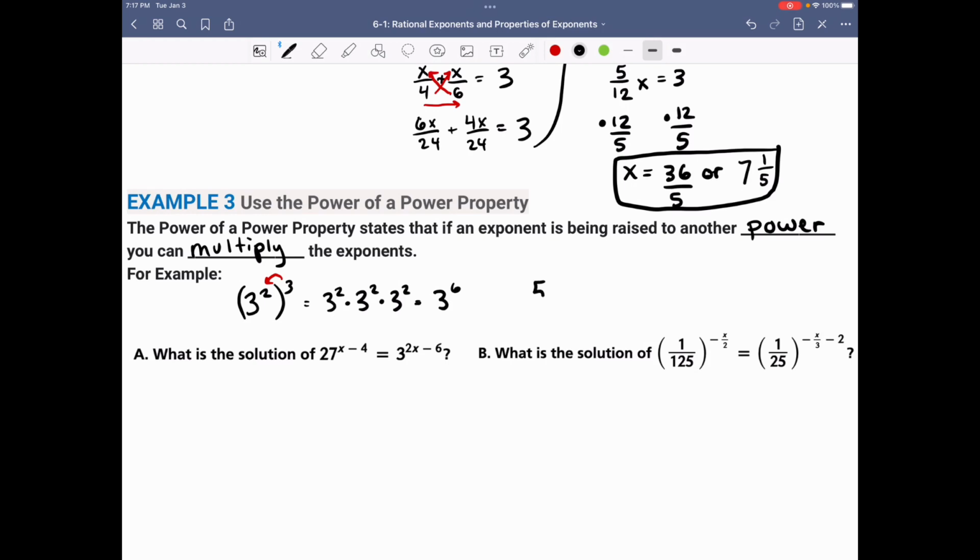So maybe I have 5 to the 4th squared. We would just multiply those exponents and get 4 times 2 is 8.